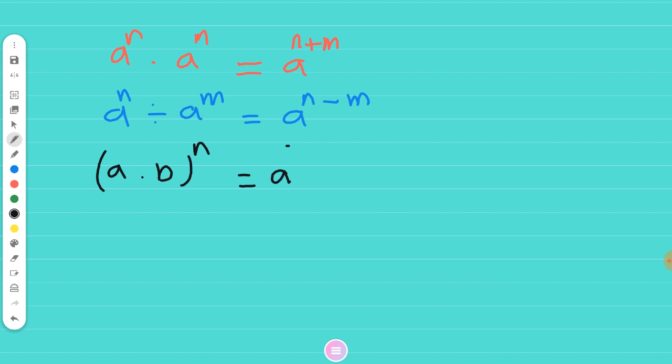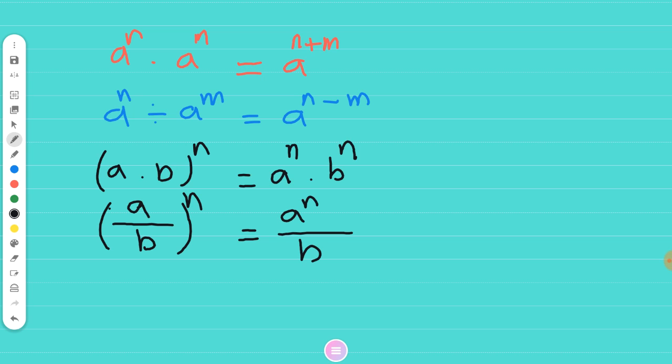So it's A to the power N multiplied by B to the power N. Also in division, A over B all to the power N, we distribute N over A and B, so it's A to the power N divided by B to the power N. The last one, which we studied today, is power of the power, which is A to the power N all to the power M equals A to the power N times M.